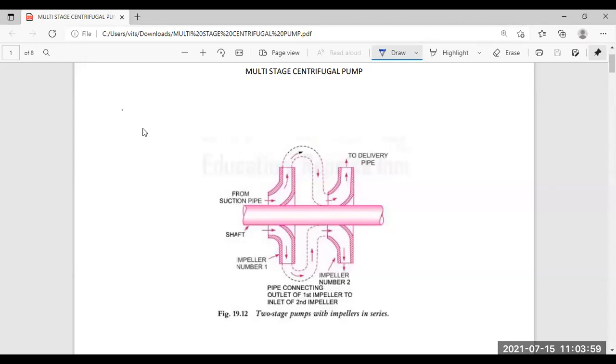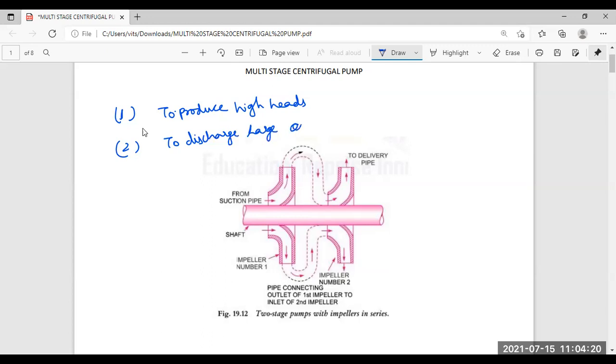First one is to produce high heads, and second one is to discharge a large quantity of water. So these are the main functions of a multi-stage centrifugal pump.